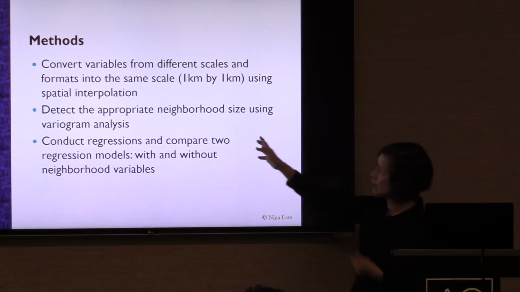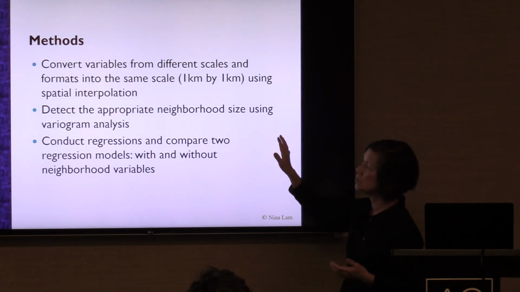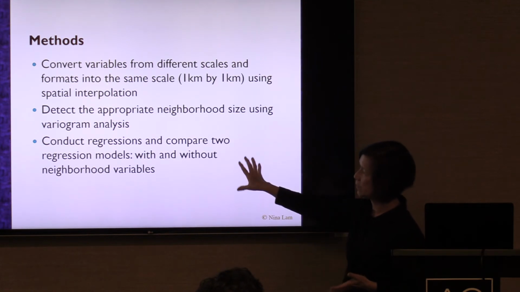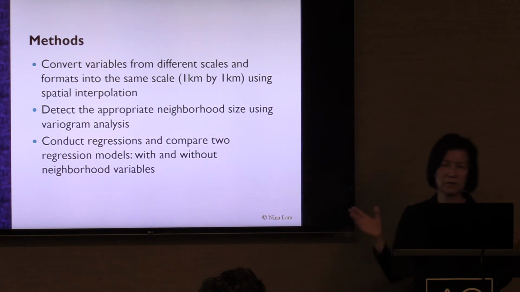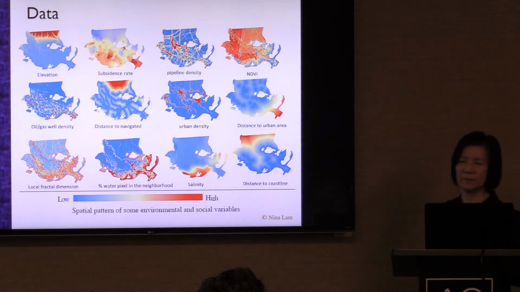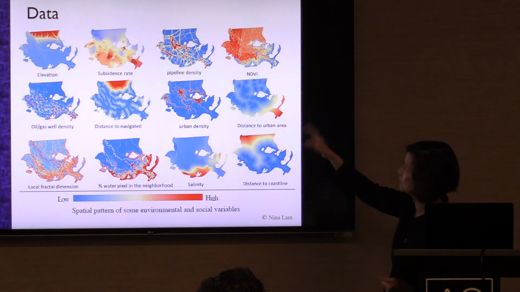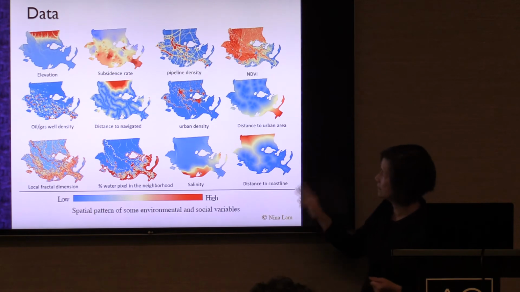Then we try to see whether we can detect the appropriate neighborhood size using the variogram analysis. And then we wanted to conduct regression and compare the two models. So it's very simple thinking. These are the chunks of data that we have: elevations, subsidence rate, pipeline, and all this.